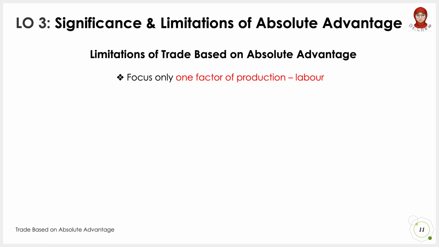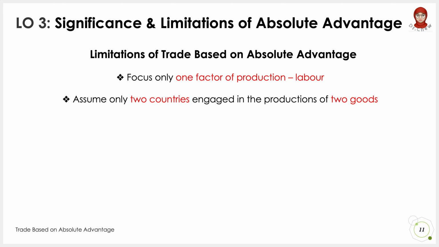Other factors such as capital and land are not included. Second, the model also assumes only two countries engage in the production of two goods. Remember, Carland and Burgerland, burger and car. In reality, a country trades with more than one country and also produces more than one good.